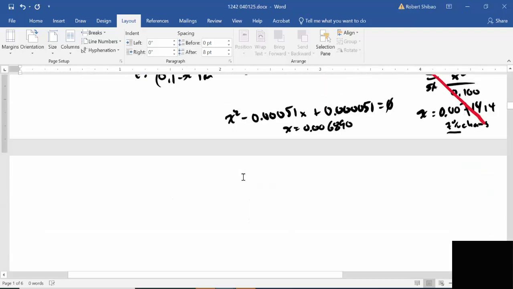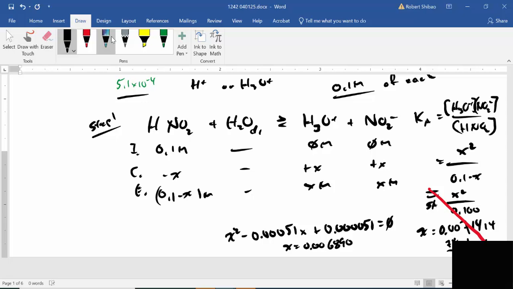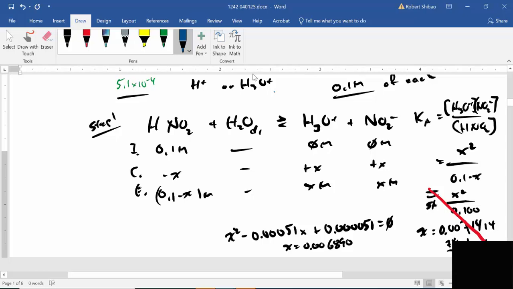All right, so what we want to do is calculate our equilibrium concentrations here. So go ahead and do that. 0.100 minus 0.006, this is going to come out to 0.0993, 0.09311.